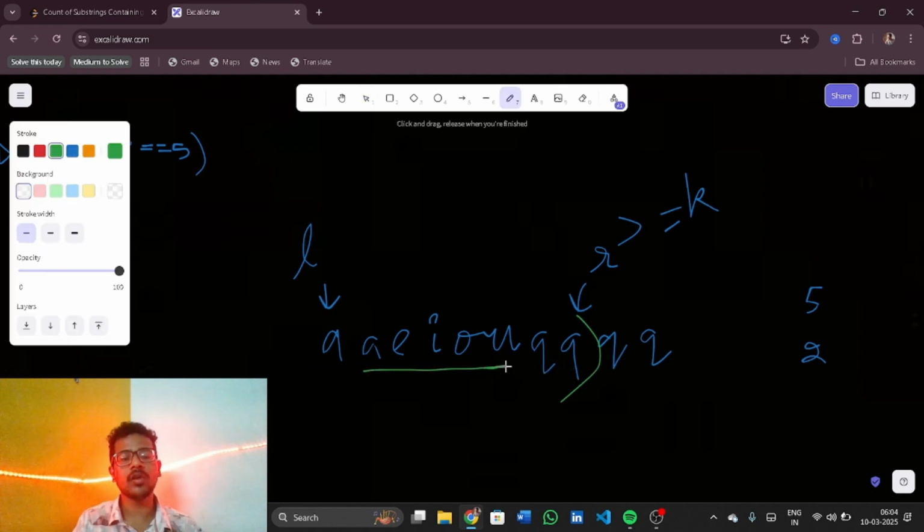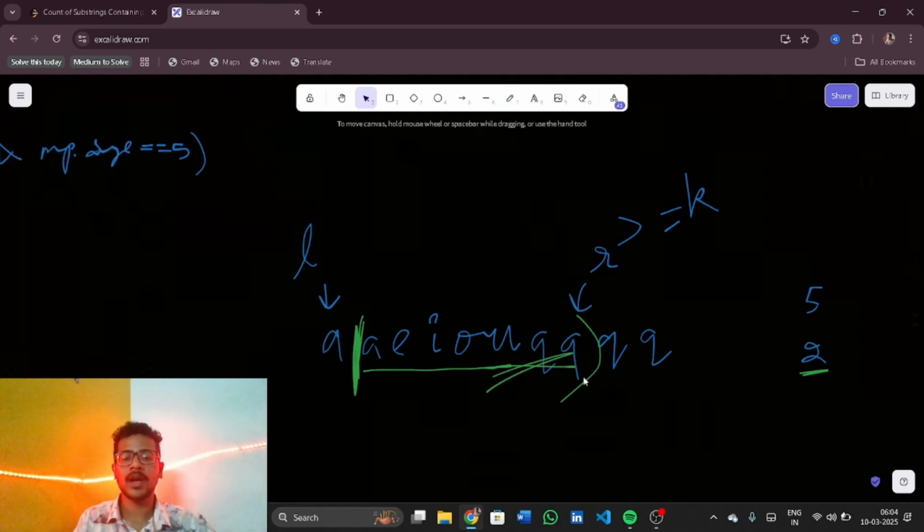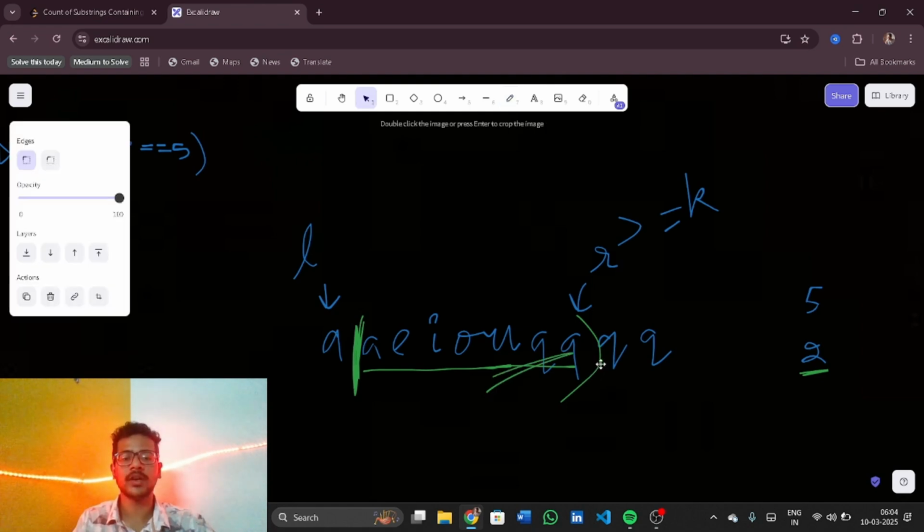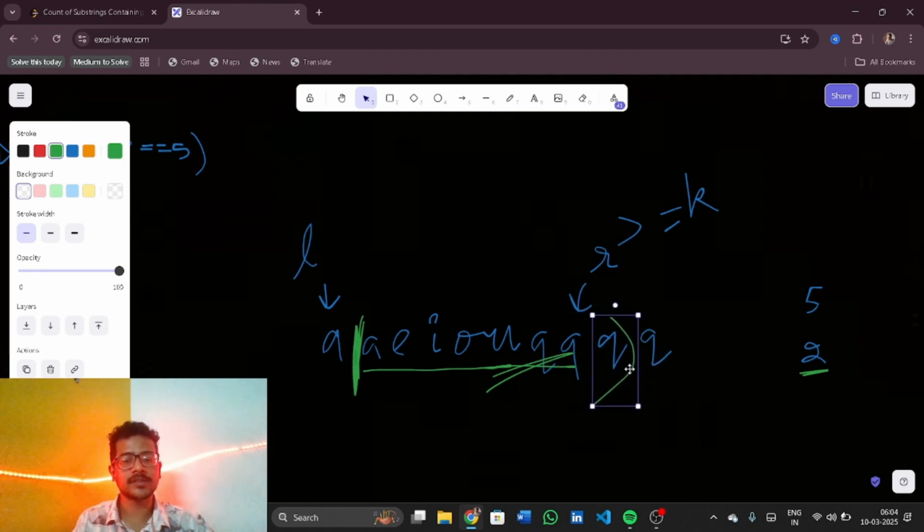Here I also got A, E, I, O, U and Q, Q. This will also be another substring which has count of K equal to 2. Another substring is here and another substring is here.